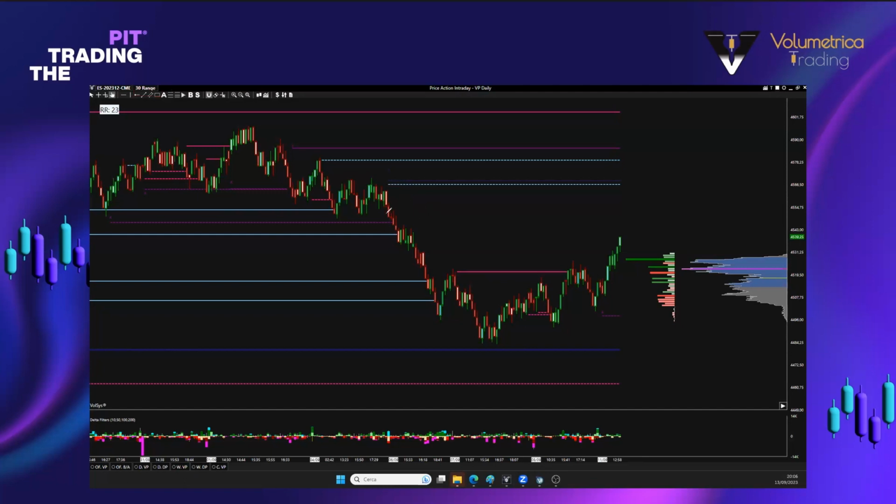That means the range from the high and the low of the candle will always be 30 ticks. That comes, of course, with two implications. The first one is every single bar will have the very same length in terms of volatility.